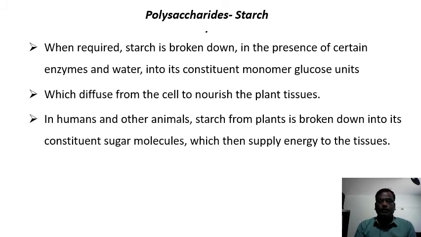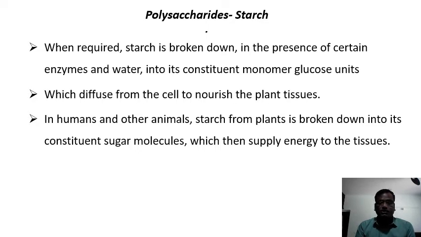In humans and other animals, starch is not produced, starch is not stored. So we get starch from the plants by eating the plant material in the form of vegetables, in the form of seeds, whatever it is. Normally, 70% of our diet mainly consists of carbohydrate, and it is nothing but starch.